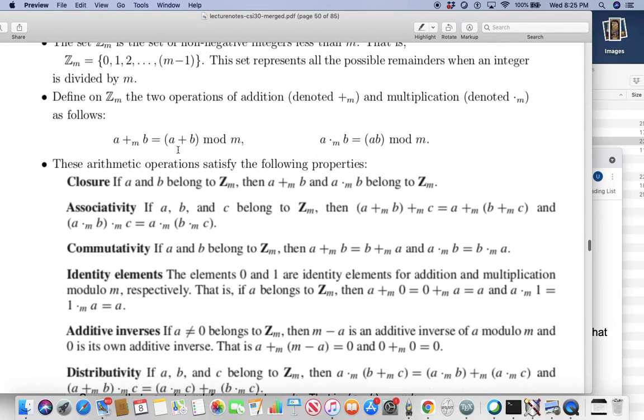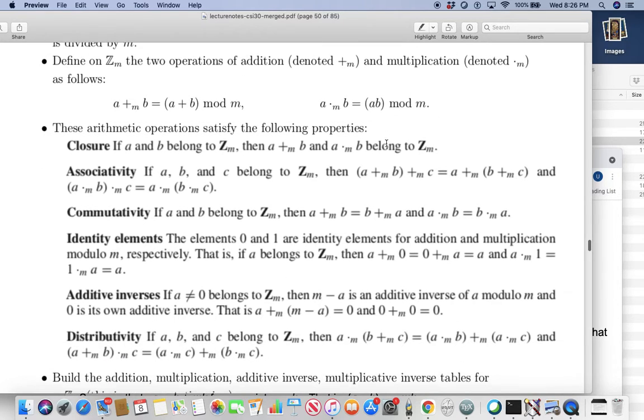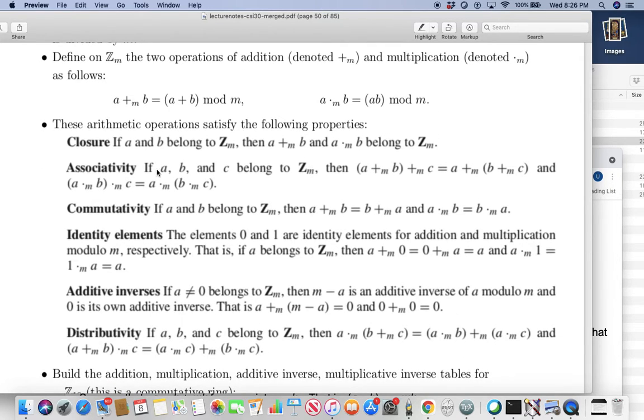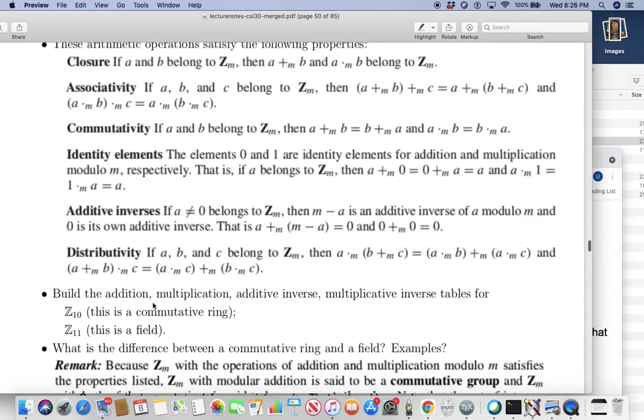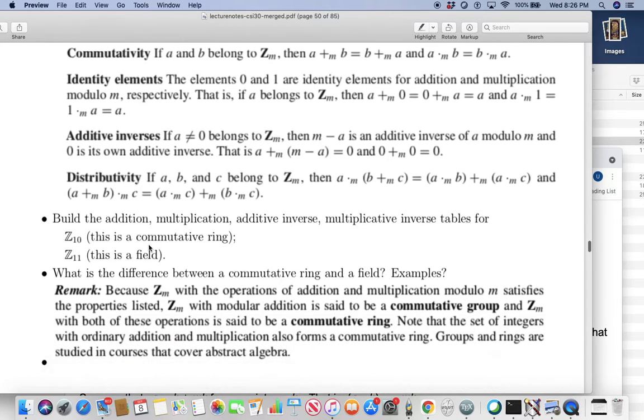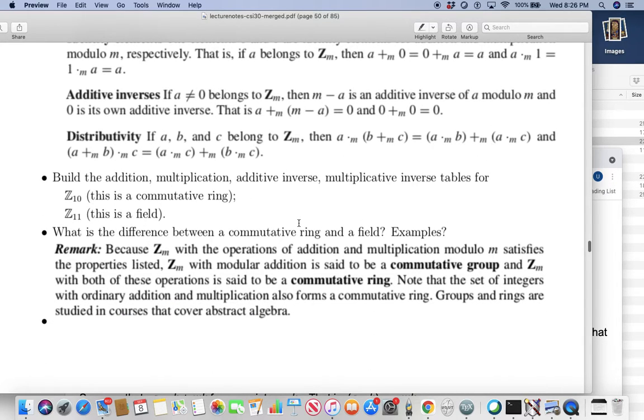Okay, these arithmetic operations satisfy closure, associativity, commutativity, identity, additive inverses, and distributivity. You can build addition, multiplication, and multiplicative inverse tables for Z10 and Z11.